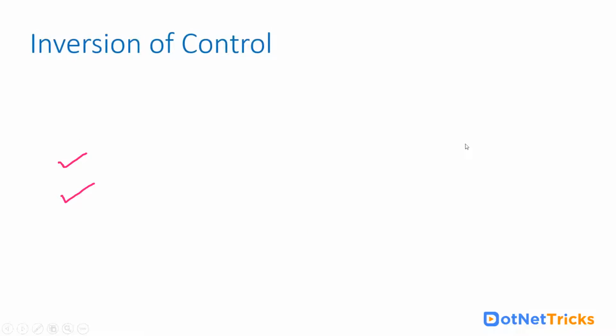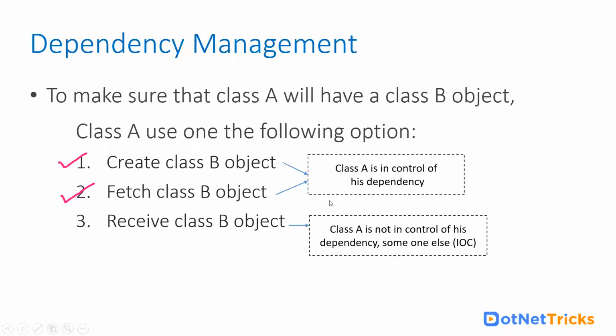So this third style comes under the inversion of control style. And guys, one more thing: when we write the code for dependency injection, it's hardly two lines of code. Dependency injection is all about understanding the concept. So make sure you are able to understand it properly as I'm explaining here.